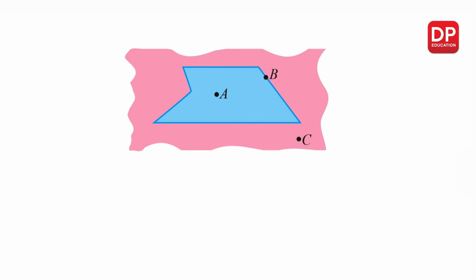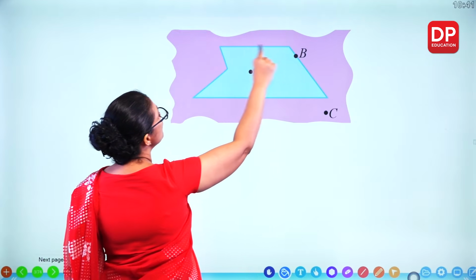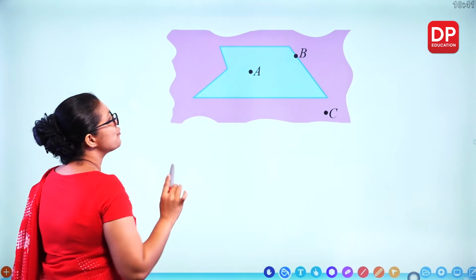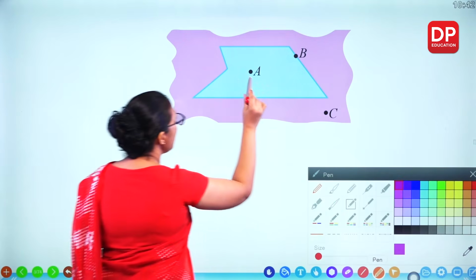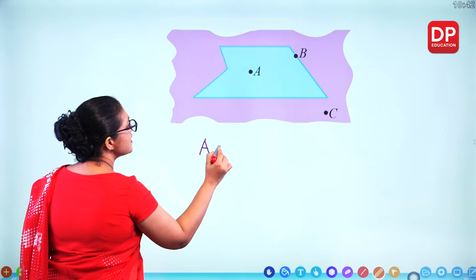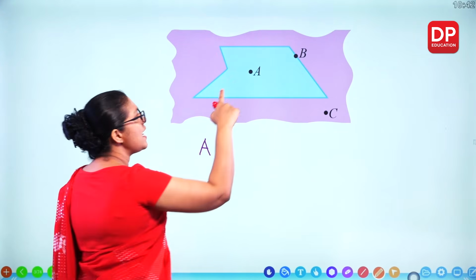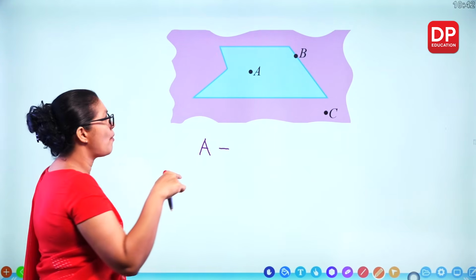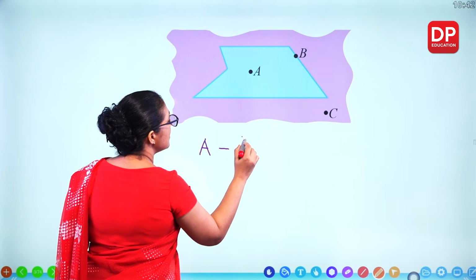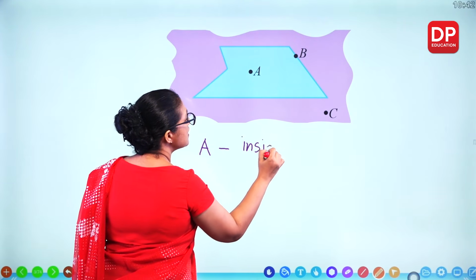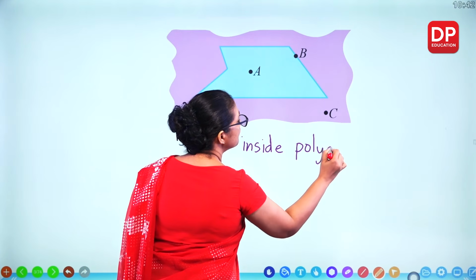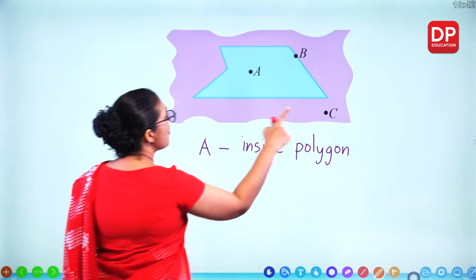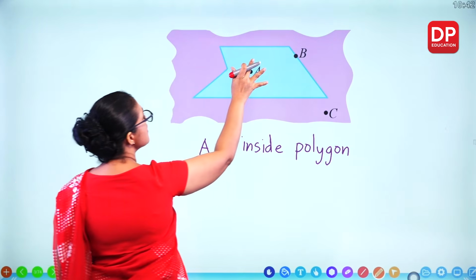Now look at this polygon. 1, 2, 3, 4, 5. 5 straight lines are there. So when you take the point A, we can see point A is inside the polygon. What about C? So this is the polygon.